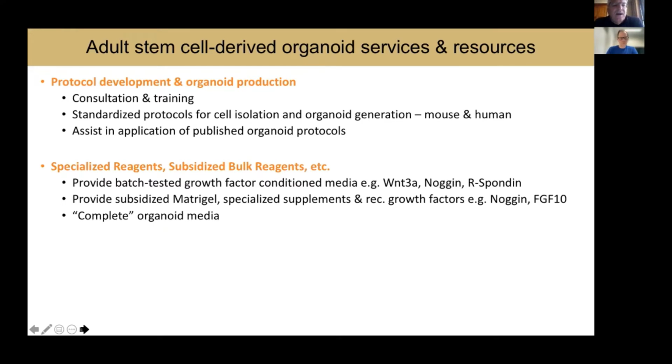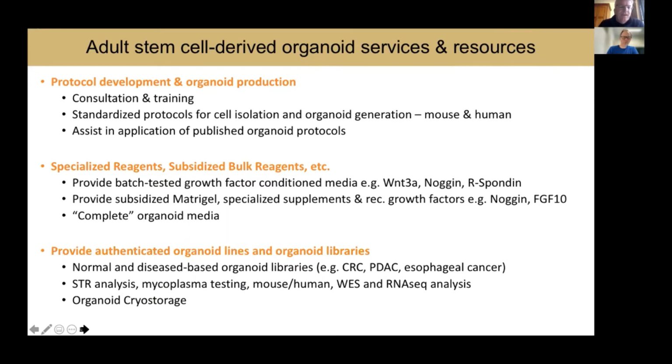And the important part that we do is we provide specialized reagents. Because we buy them in bulk, they're subsidized as well. So batch tested growth factors, conditioned media, Wnt and organoids, and as I said, subsidized commercial reagents, Matrigel and growth factors, etc. And we could also provide you with complete organoid media if you want us to make that for you. And obviously we have to authenticate, and this, I don't have to repeat, is basically what Steve was saying before.